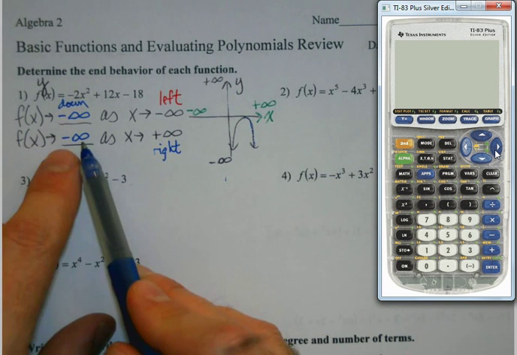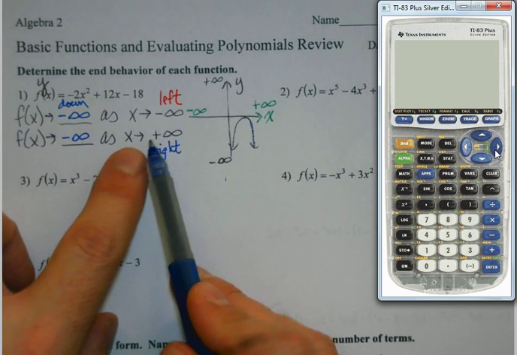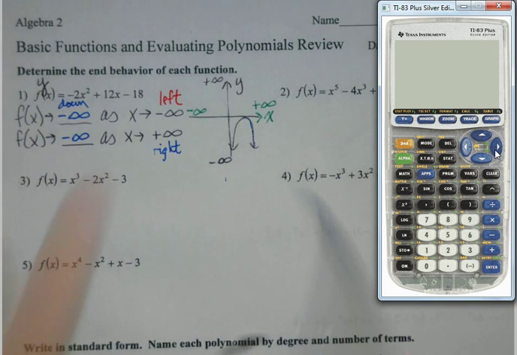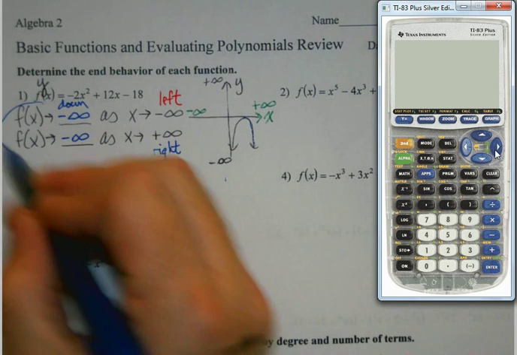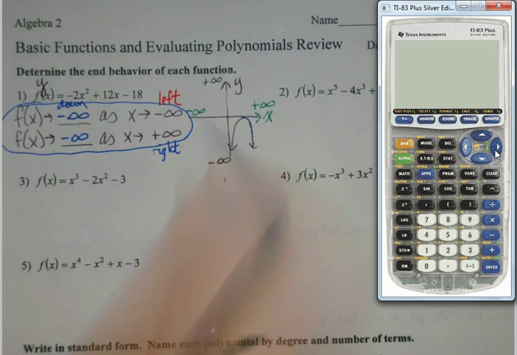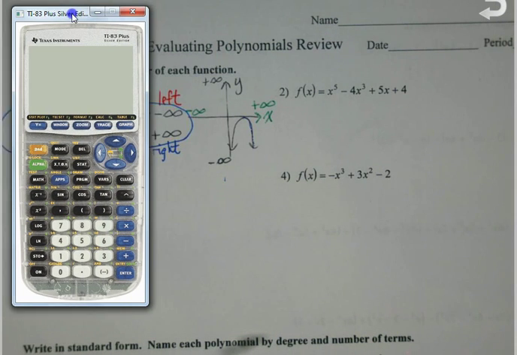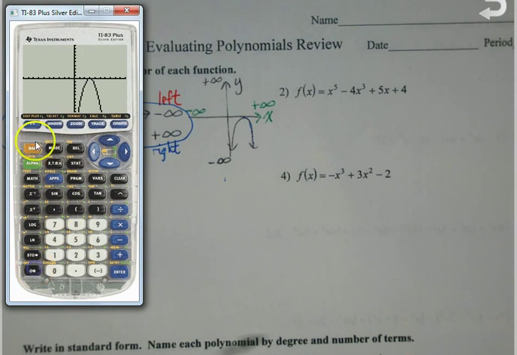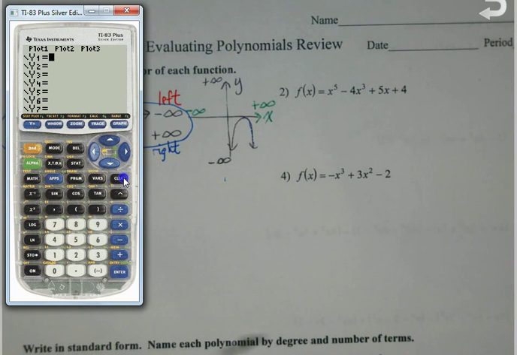Y goes down as x goes right. Yes, it does. This is what end behavior is. Now, I want to do another one of these because there'll be plenty of others for you to play with too. But that's basically it with the calculator.